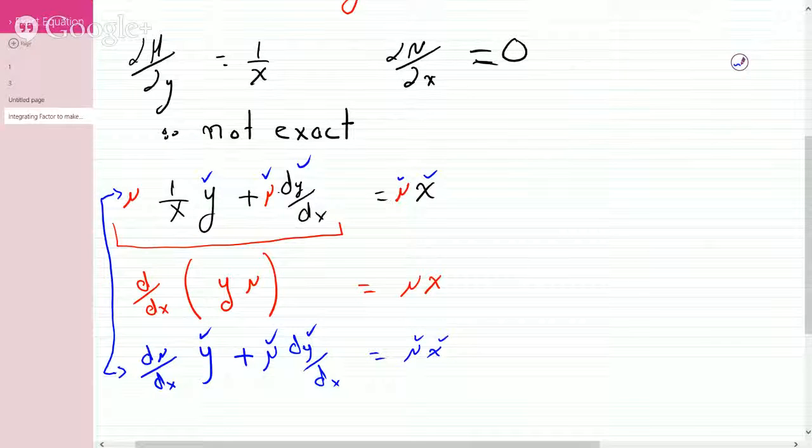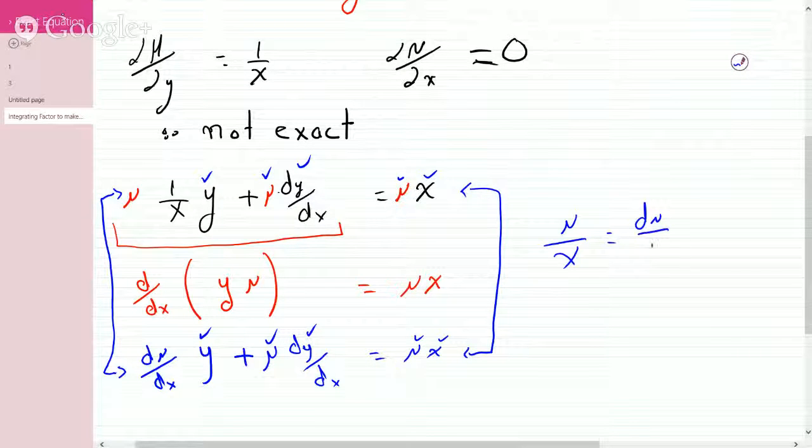So that means the last one has to agree with the equation, which means from these two I can claim that mu times 1 over x has to equal d mu over dx.